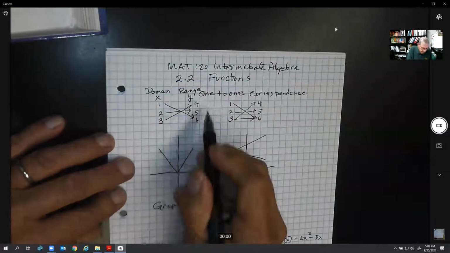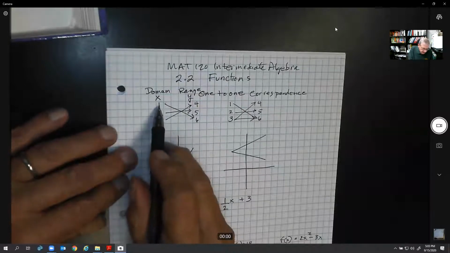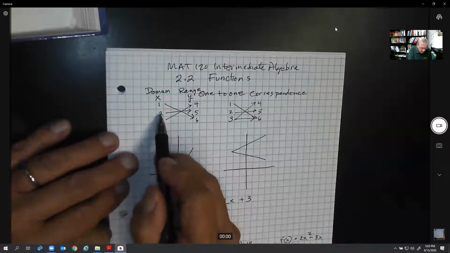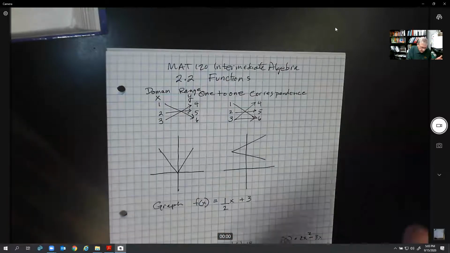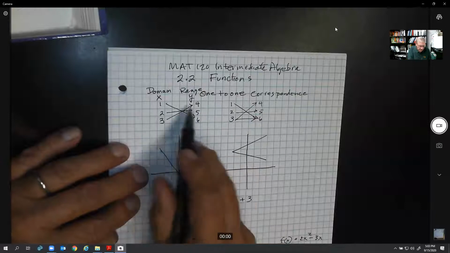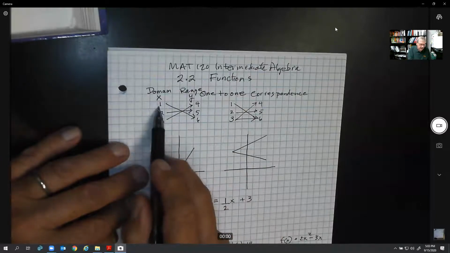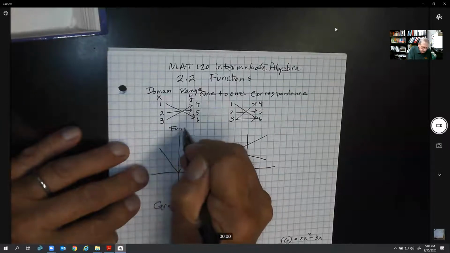Any number in this domain is only allowed one arrow to shoot, and it can only shoot at one target. It can shoot at the same target another guy shoots at, but it can only shoot one arrow. That's the key. So this is called a function because each one is shooting one arrow.